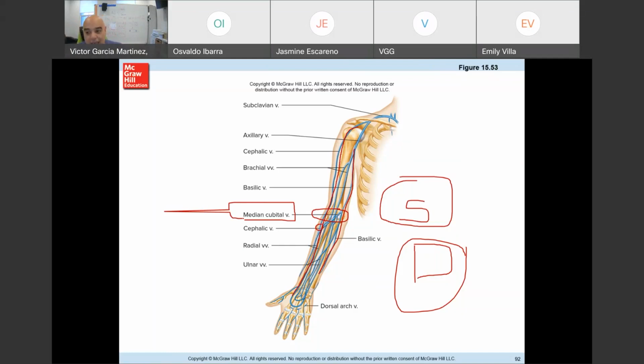But you have an important superficial system, and that system is cephalic vein all the way up, basilic vein all the way up until draining in the axillary vein, and then the connection between both systems is the median cubital vein, which is the vein where you most often draw blood from the upper limbs.